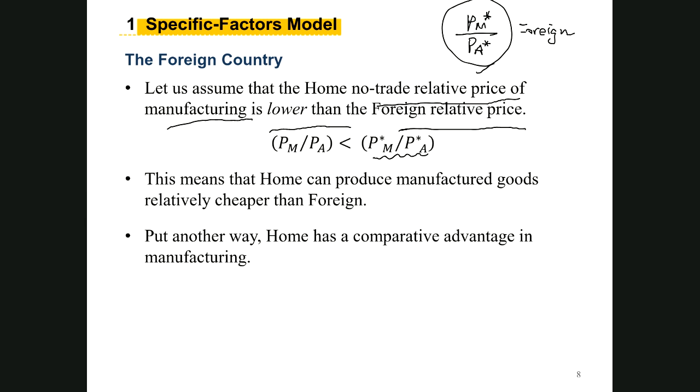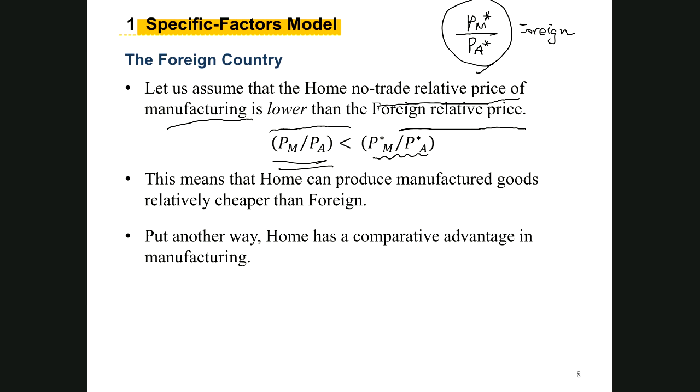And this is the relative price of the manufactured goods in the home country, and it's also the opportunity cost of the manufactured goods in the home country. So in the specific factor model, this means that the home country could produce manufactured goods in a relatively cheaper way than the foreign country.